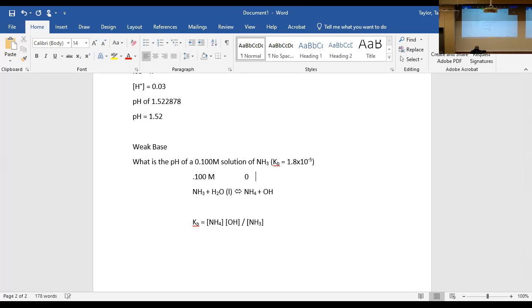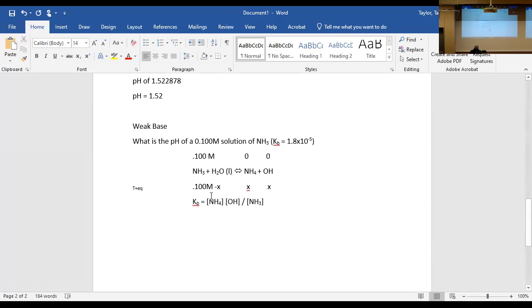This is 0, and this is also 0 at the beginning of the reaction. Then we come down here to T equilibrium. This is 0.100 molar minus X. This is X, and this is X, because that's how much it's changing in the reaction, just like the way the acids worked.